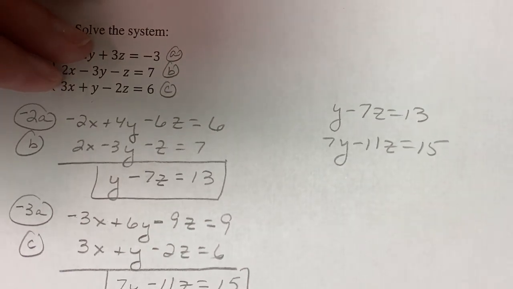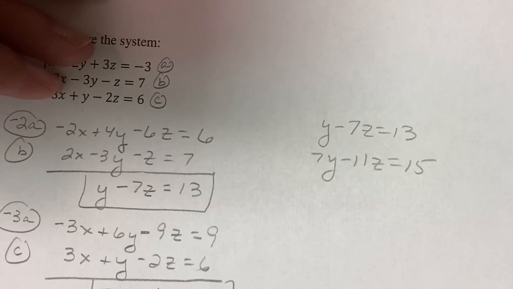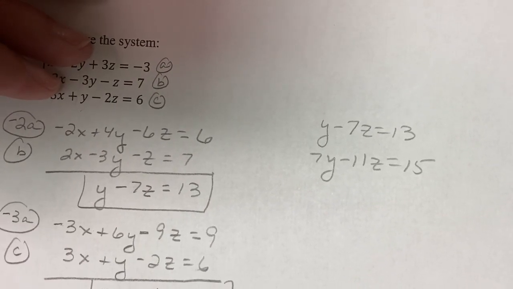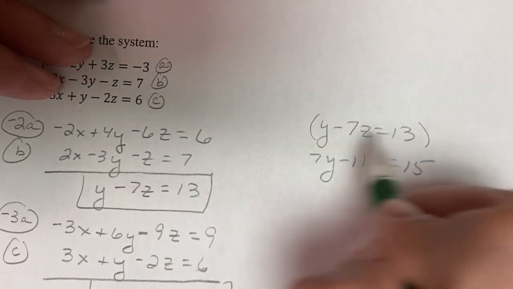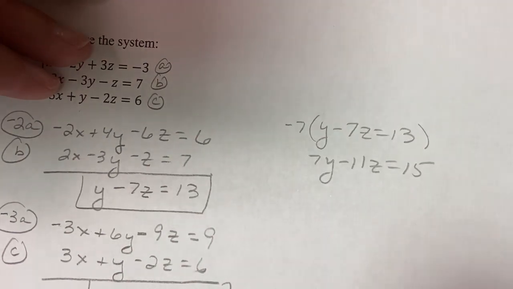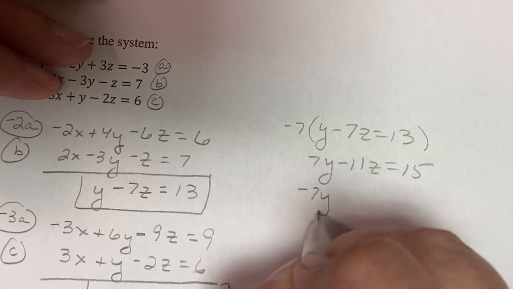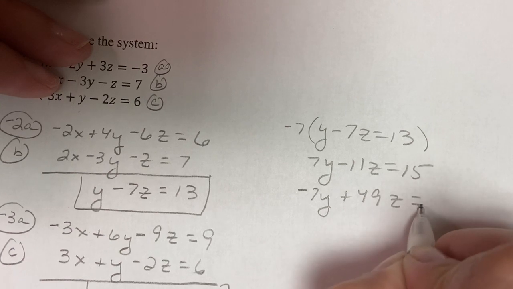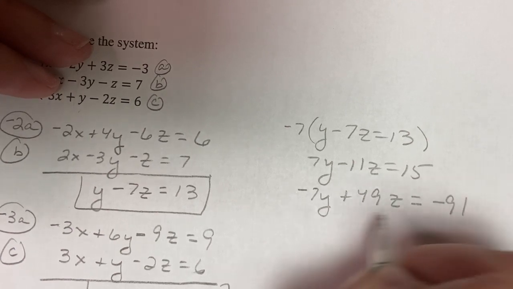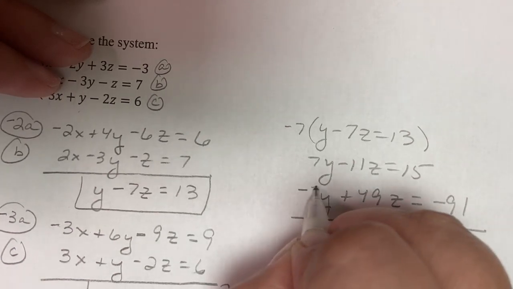So now I have to eliminate either the y or the z. I think I'm going to eliminate the y by multiplying this top equation by negative 7. So that's negative 7y plus 49z equals negative 91. Yikes.